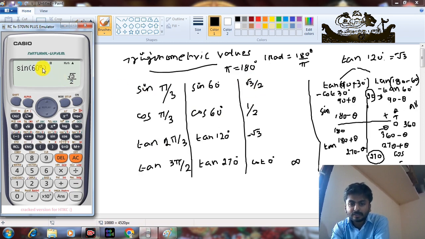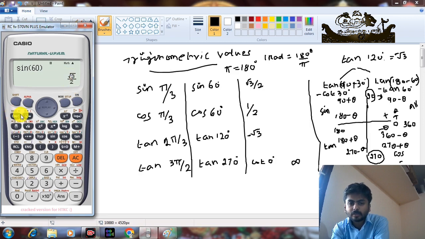If I simply write 60, what will happen? If I simply write 60, sin 60 is root 3 by 2.